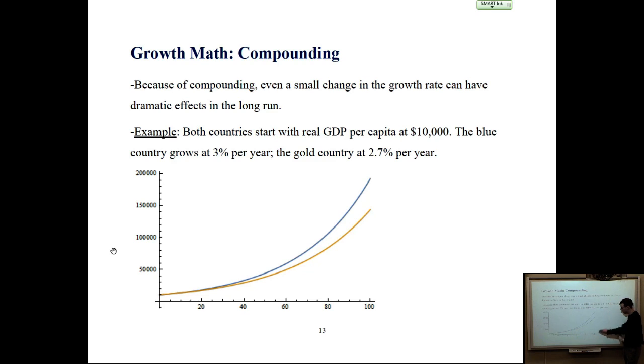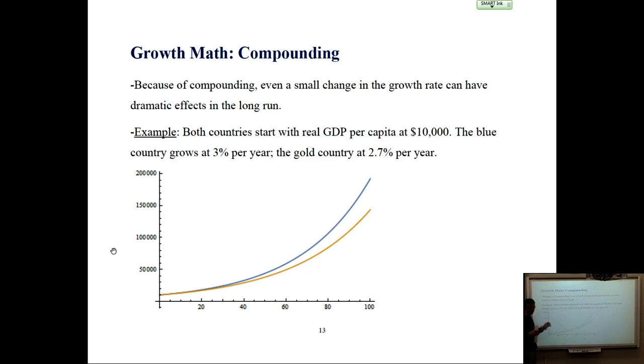By the end of our simulation, the gap looks like roughly $50,000 per person. So that's a lot. How does that gap get so wide? Well, at first, we get 3% versus 2.7% of the same number, $10,000.